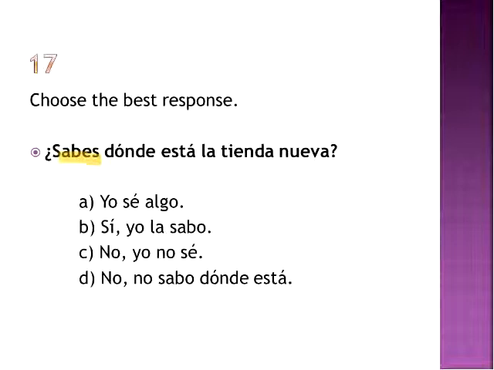So it's yo no sé. Whenever you're going to say I don't know, you're going to say no sé, because sé is the first person instead of sabo. It's an irregular verb.